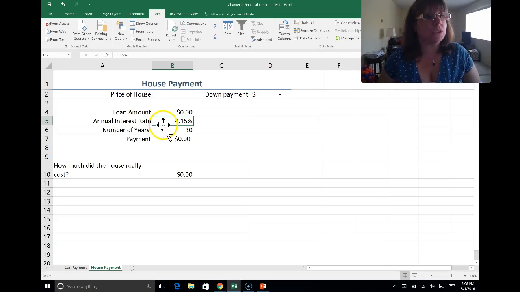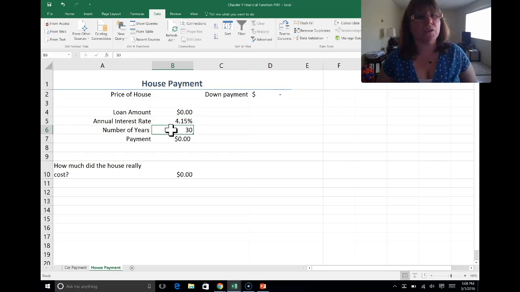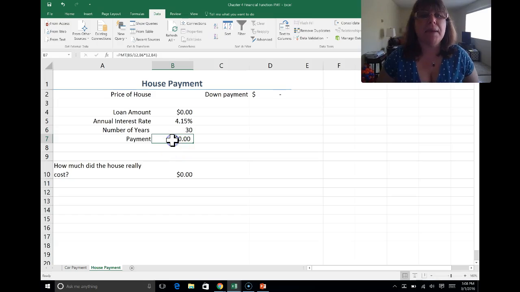My annual interest rate is going to be, I don't know, 4.15 maybe. Yeah, that's a little high nowadays, but it's reasonable. Number of years, the typical house payment is for 30 years. And then the payment, I'm using the standard payment function.